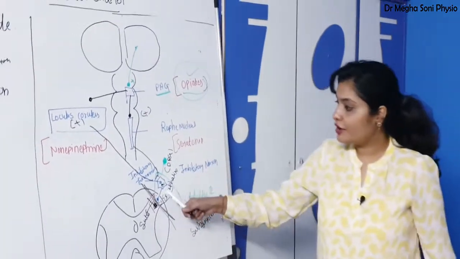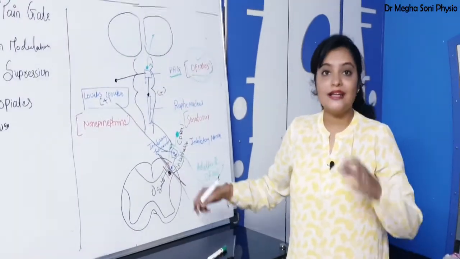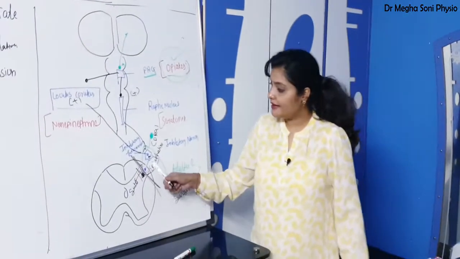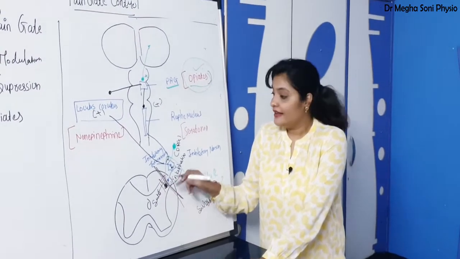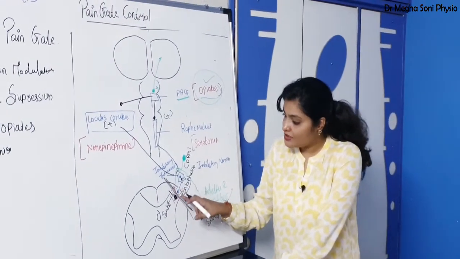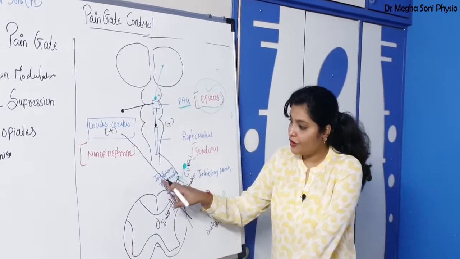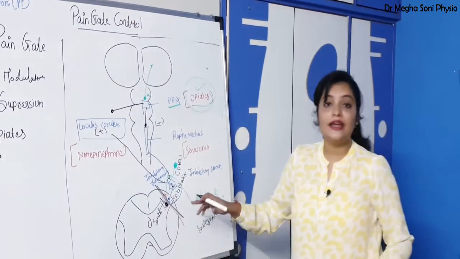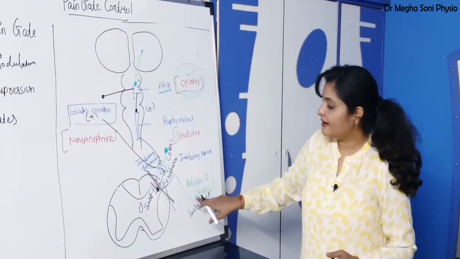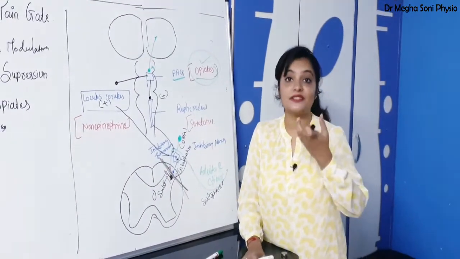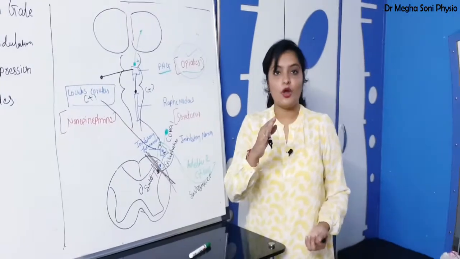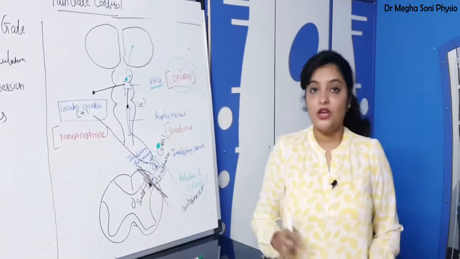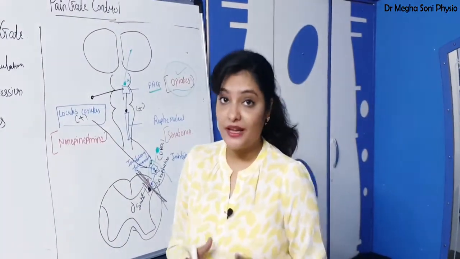So stimulation of this inhibitory interneuron secretes the enkephalin. Okay, and because of the secretion of enkephalin from the inhibitory interneuron, they do not allow A delta and C fiber to secrete substance P, which causes pain, and at this level it blocks the pain pathway.